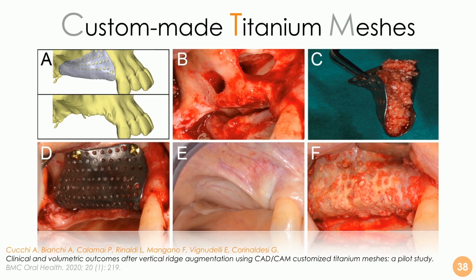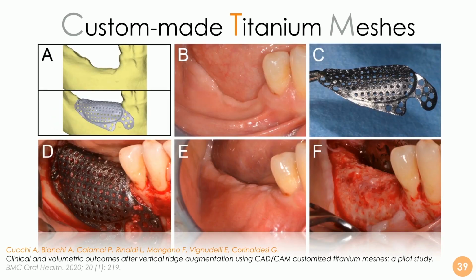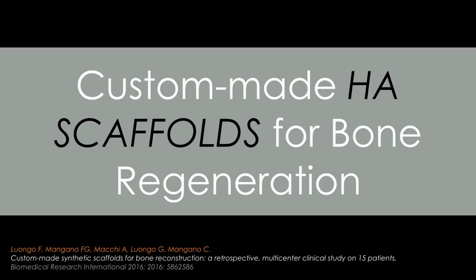So for the patient who wants to undergo bone regeneration, we have this option that is custom and comes from the cone beam computed tomography. Once again, as we can see, a lot of beautiful cases made by Dr. Cucchi, and very satisfactory results at the end from the clinical point of view and in terms of the volume gained and the possibility to place the implant later without any problem or complication.